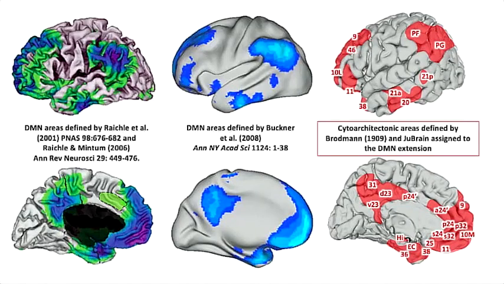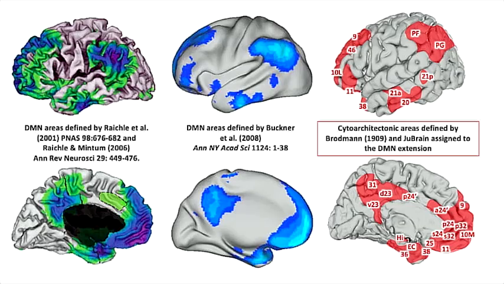Now, let's go to the default network. The first challenge was to compare the different depictions of the default mode network in the literature. The default network seems to be well defined at the resolution of PET or standard MRI.